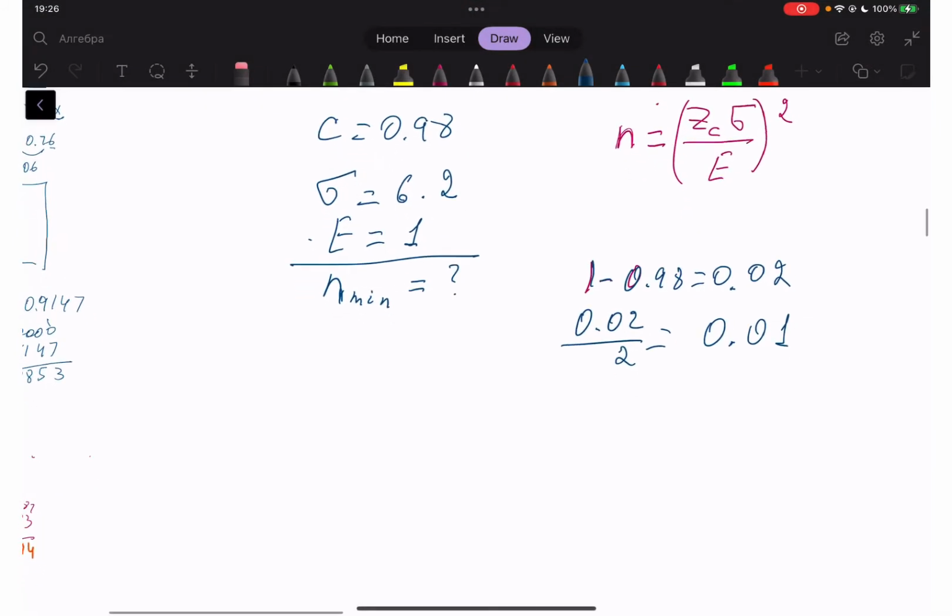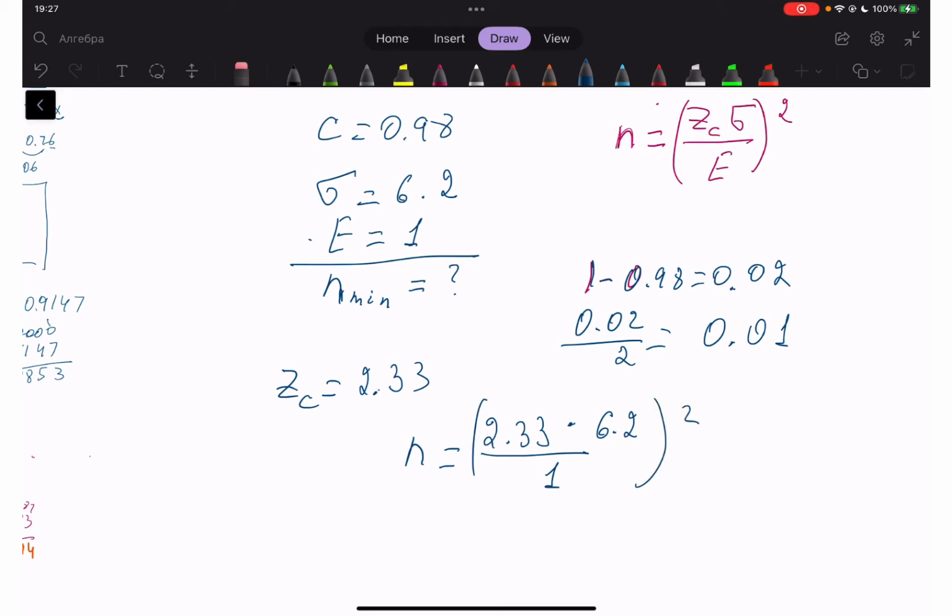Okay, negative, which is z critical, is equal to 2.33. The rest I'm going to plug all this information. Sample minimum is equal to 2.33 times sigma, which is 6.2, divided by error, which is 1, and with squaring.